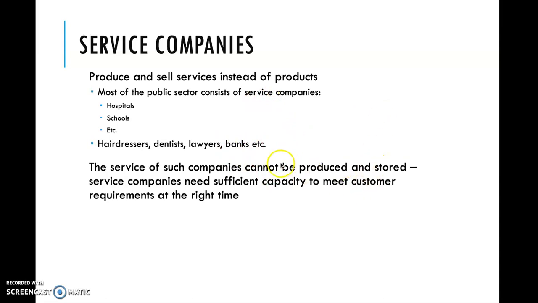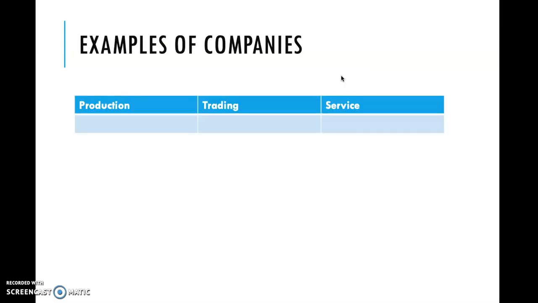Service companies need sufficient capacity to meet customers' requirements at the right time. That means that you can't put the service in a warehouse, for example. You need to be able to offer the correct amount of man hours at the correct time. So that can actually be a bit more complex than selling Coca-Cola in a retail store.